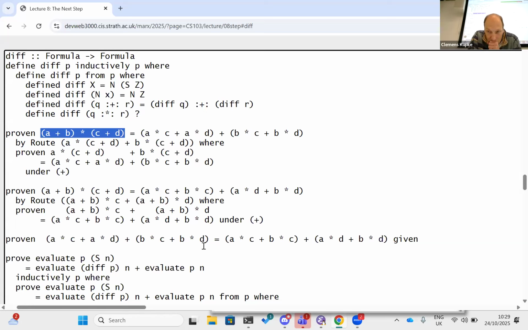So you can see both of these proofs of different ways round of multiplying out use the individual distributive laws twice. One of them is left then right, the other one is right then left. And this gives you the four-way sum that you need.